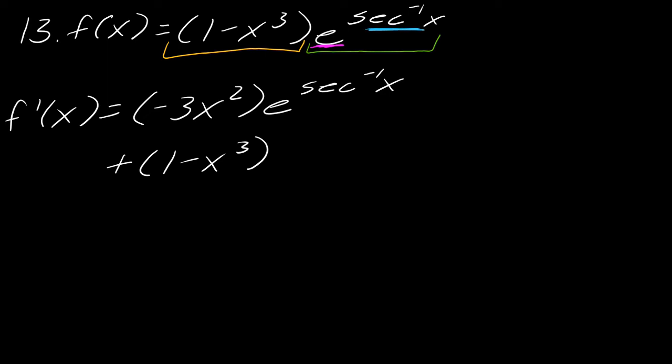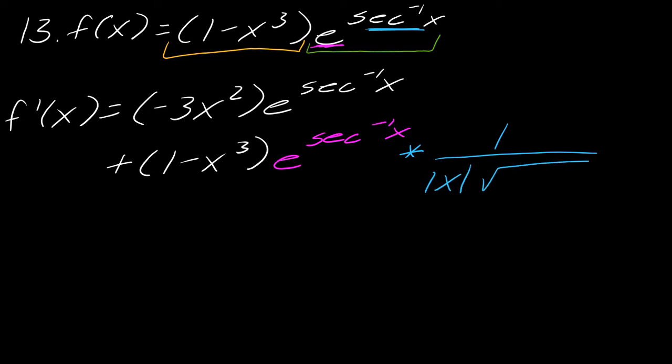So the derivative of e to the x is just e to the x, so I can write down e and then leave the inside function intact. And then I can just multiply that by the derivative of inverse secant, and that is 1 over the absolute value of x times the square root of x squared minus 1.